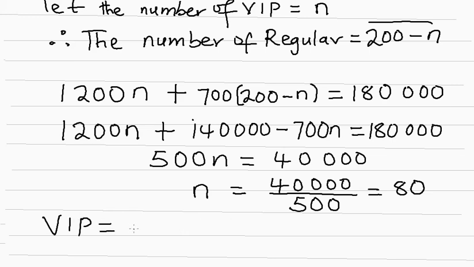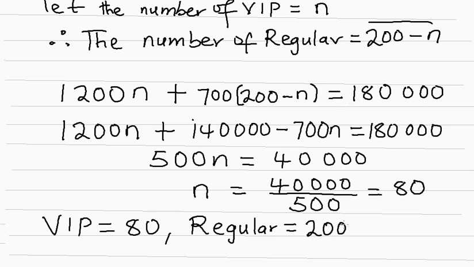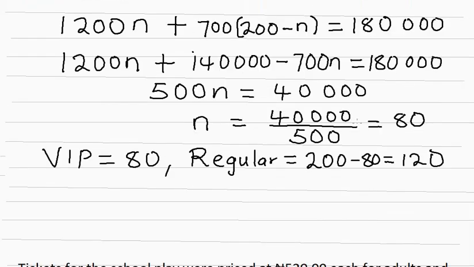How can we evaluate the number of regular tickets? It is 200 minus 80, which is 120. As simple as that.